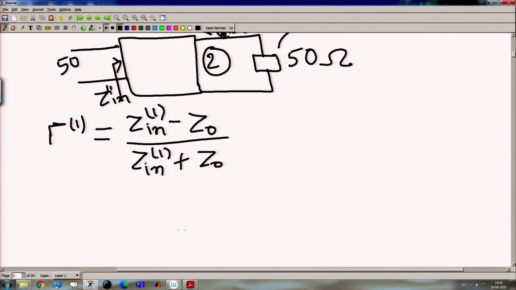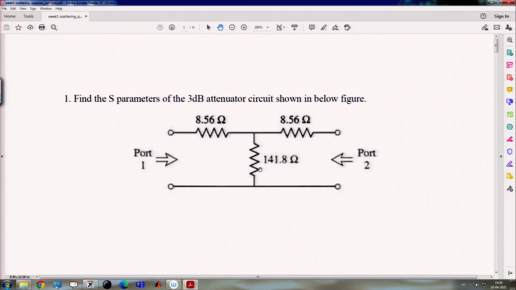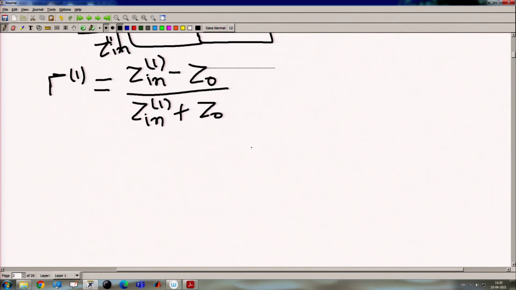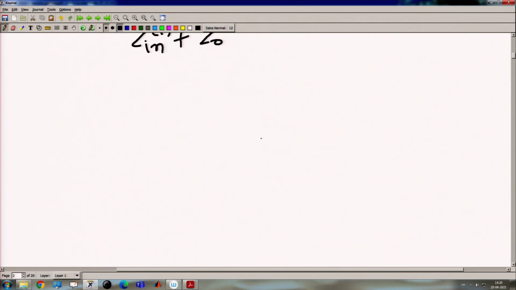Now, we can come to the problem. Our problem is to find S11, so we have to terminate port 2 with 50 ohm. So, port 2 will be connected through the 50 ohm, and that circuit will be like this.